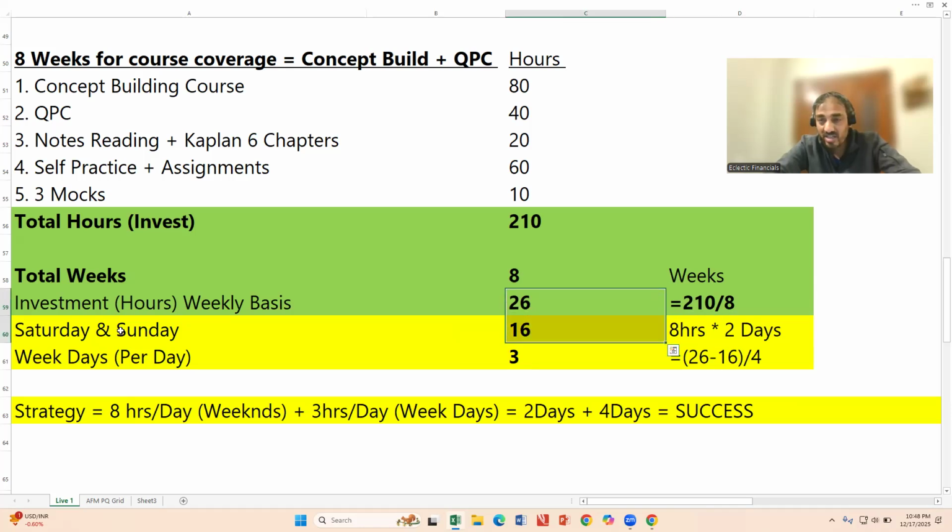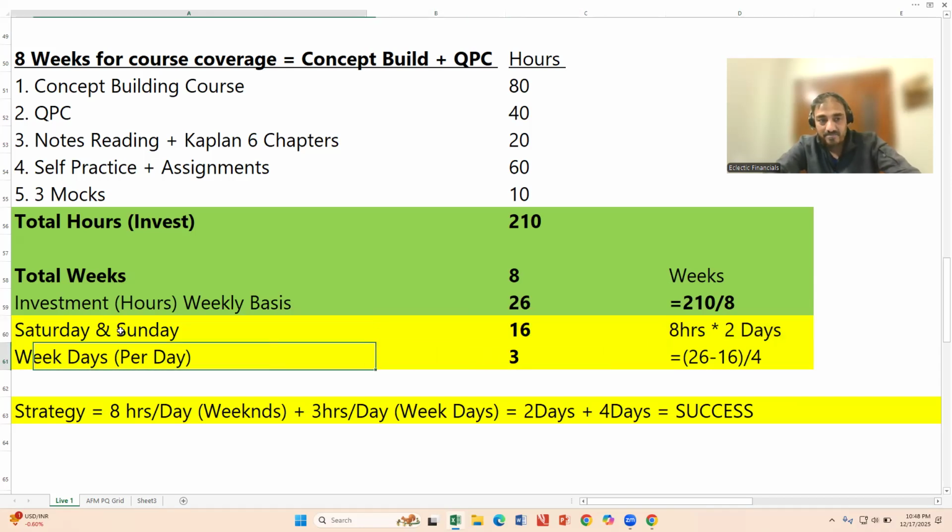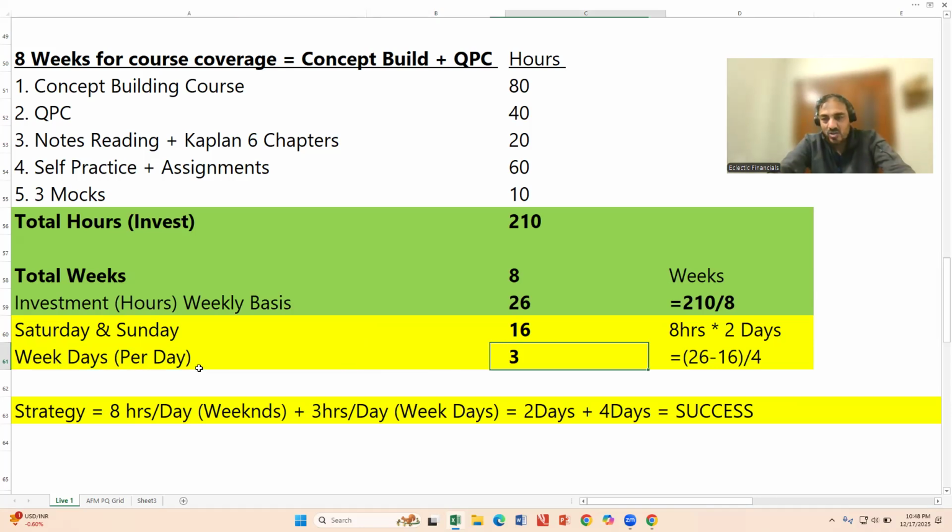So out of 26, 16 hours you can invest on Saturday and Sunday. For the rest of the weekdays, if you have decided that out of 7 days, 1 day is a relaxed day off, plus the 2 days of the weekend, then for the remaining 4 days, 26 minus 16 divided by 4 is about 3 hours during weekdays.